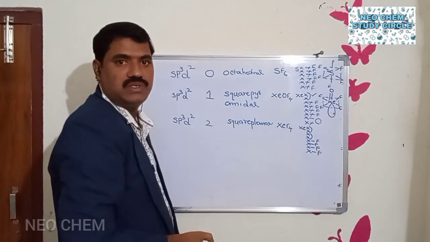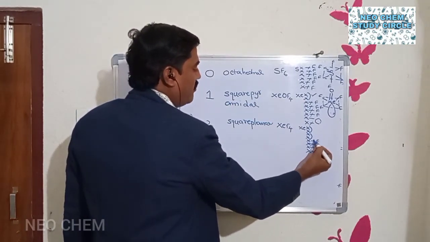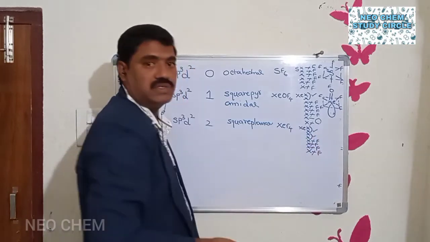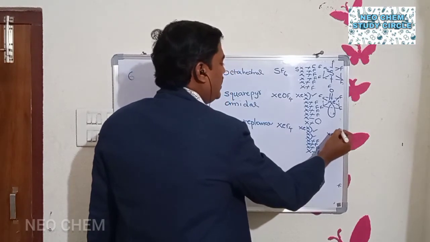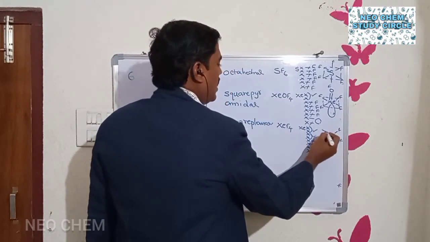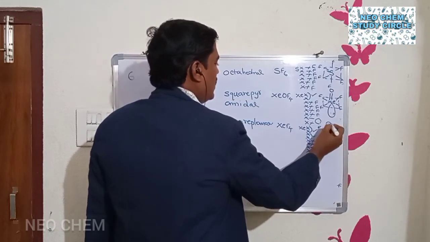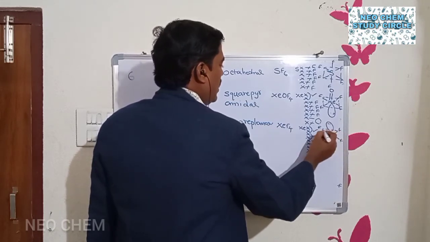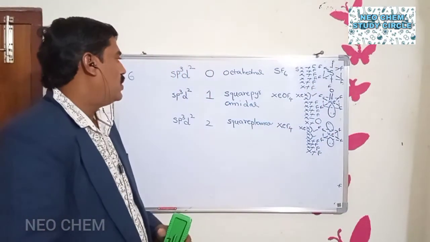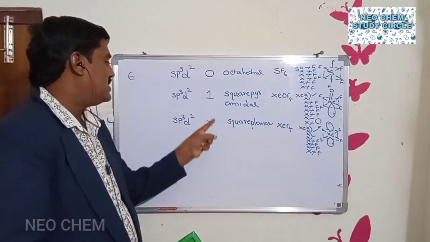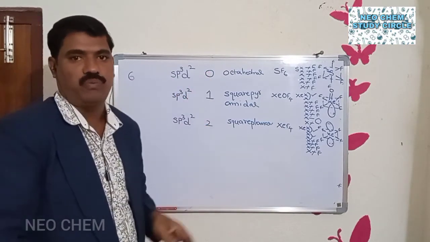So the number of sigma bonds is 1, 2, 3, 4, 5, 6. So the geometry is square planar like this, with two lone pairs. This is the square planar. So in total, 3 types of geometries are possible with sp3d2 hybridization based on the number of lone pairs.